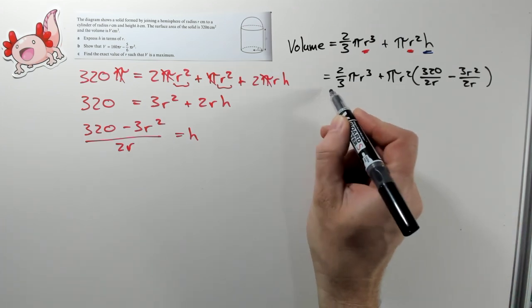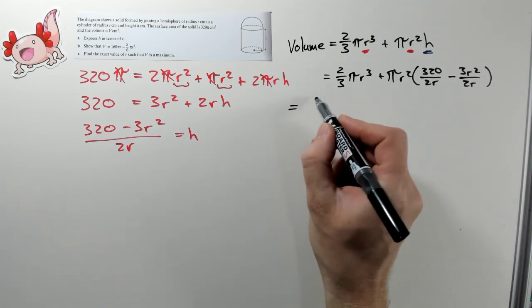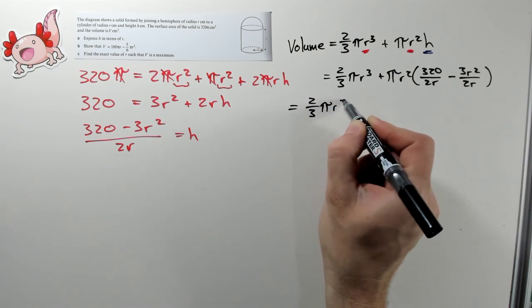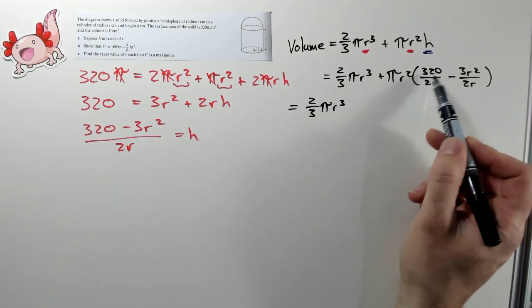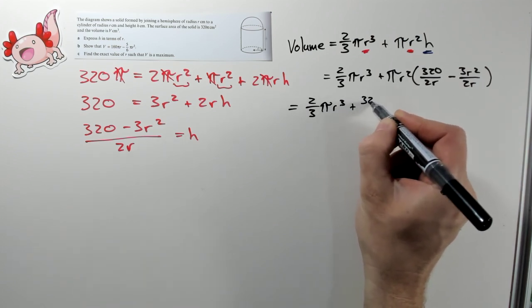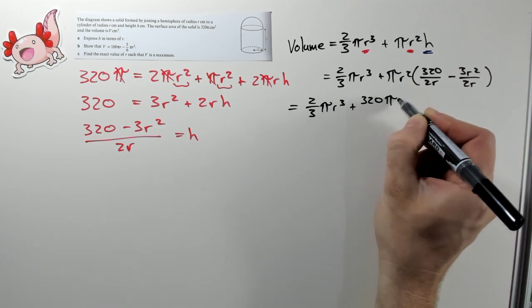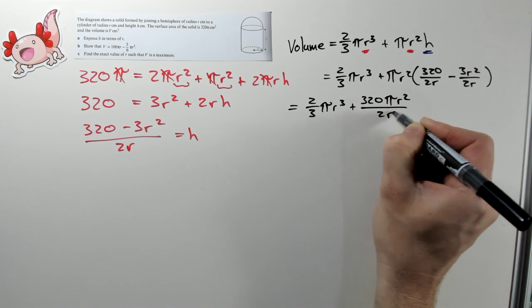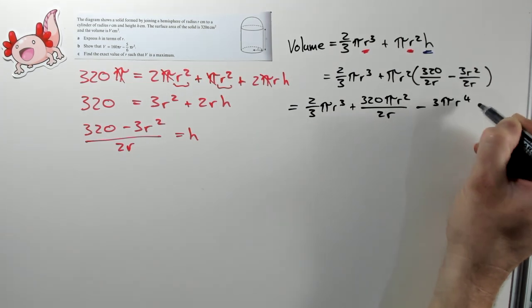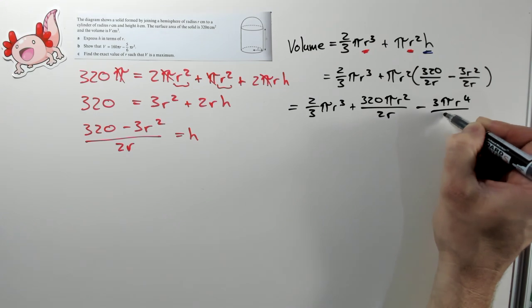I'm just going to move my equal sign here to this side, and then I have r cubed here, and then I'm just going to multiply. Let's just do tops. So I'm going to have plus 320 pi r squared over 2r, and then minus 3 pi r to the power of 4 over 2r.